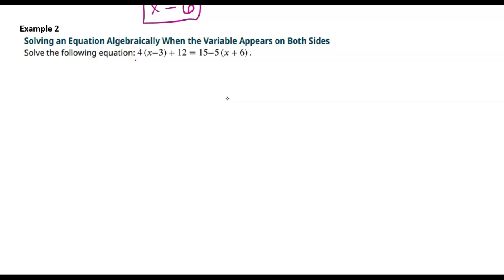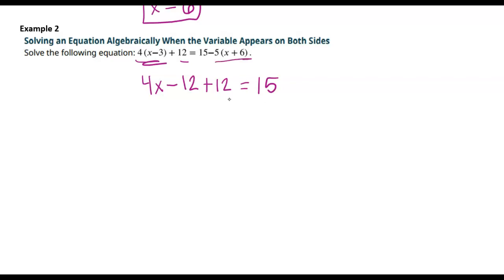If I distribute the 4 to both, I get 4x minus, and then 4 times 3 gives me 12. I'm going to keep that 12 piece here, and let that be equal to 15.